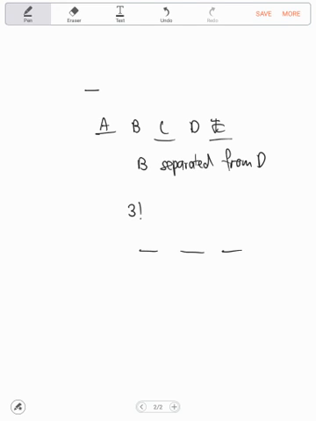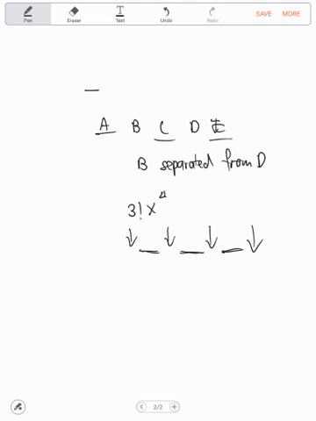After I arrange them, there are 1, 2, 3, 4 choices of where I should sit B and D, because if I sit them in any of these 4 slots, they will be separated by the A, C, and E in between them.